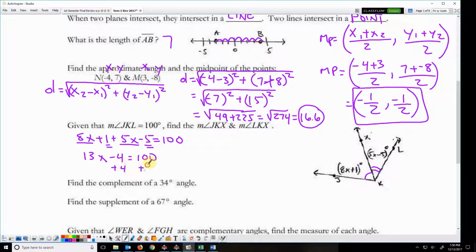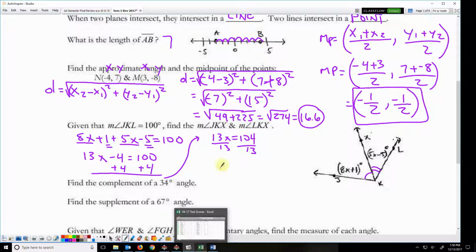So I'll add 4. And I'm going to rewrite that over here. 13x equals 104. And divide by 13. 104 divided by 13 is 8.